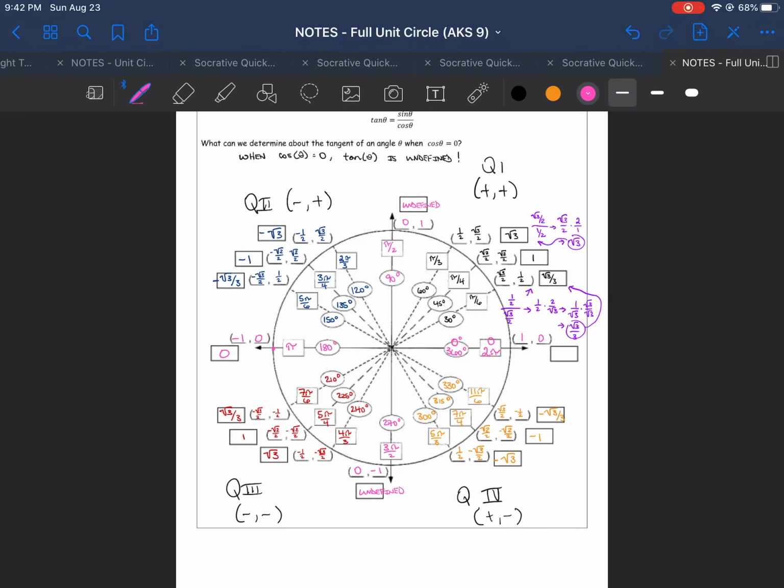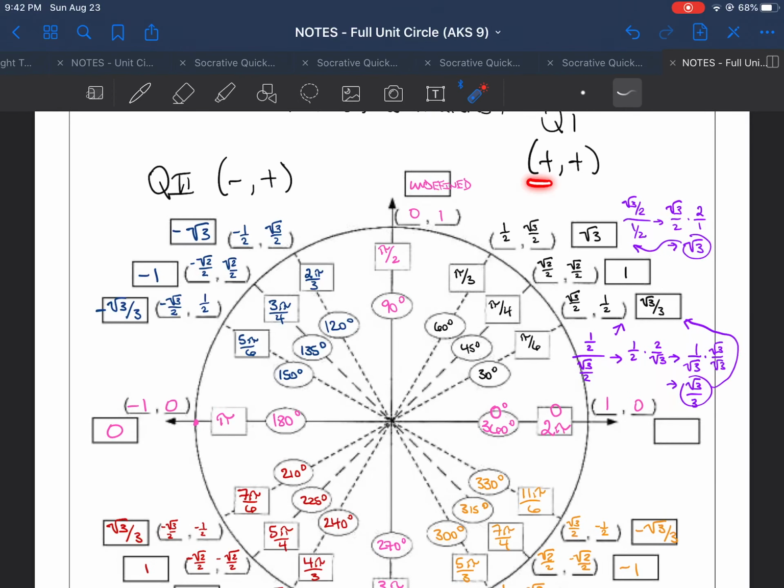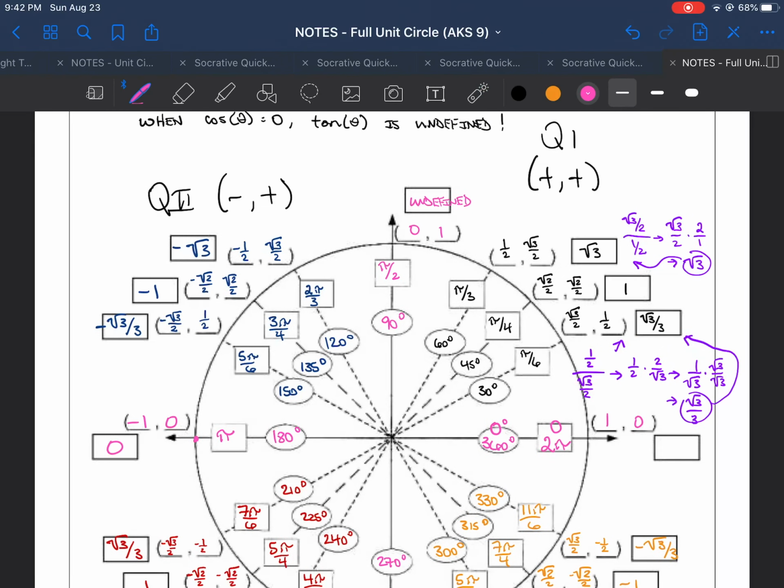All right. So let's look at those tangent values again. For all the points in the first quadrant, since both the x-coordinate and the y-coordinate were positive, all the tangent values are positive. So I'm going to write here, just as a little reminder, tangent of theta is positive. Over in the second quadrant, because all the x values are negative and all the y values are positive, all the tangent values are going to be negative.